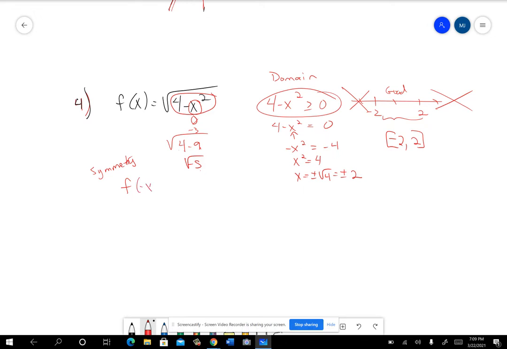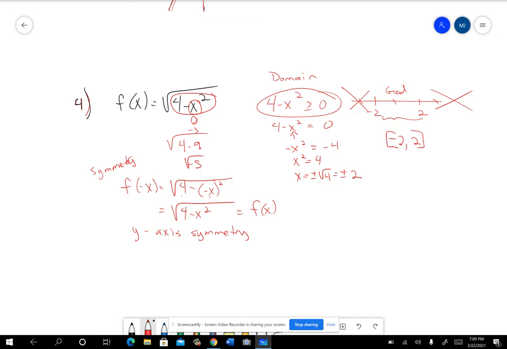If you put in a negative x for the x, don't you wind up with the same thing? Because you'll square it and get an x squared, and then you'll still have 4 minus x squared. So that's equal to f of x. So this is going to have y-axis symmetry. It's going to be symmetric about the y-axis.